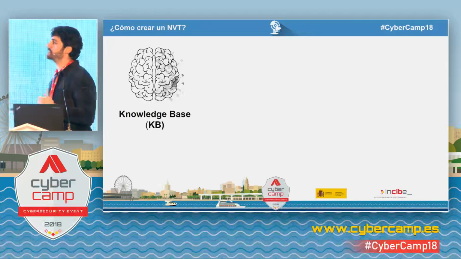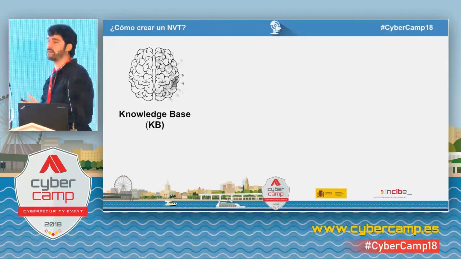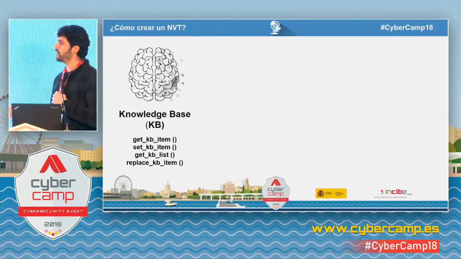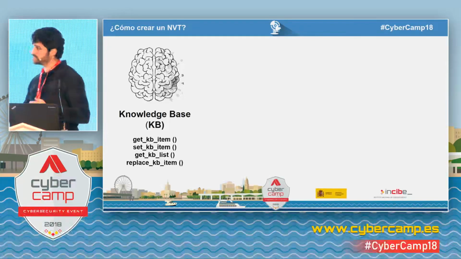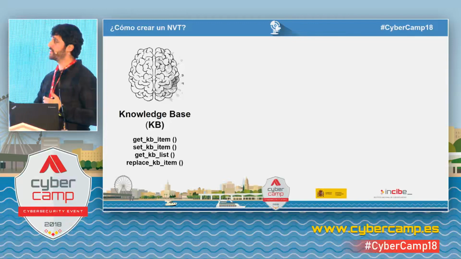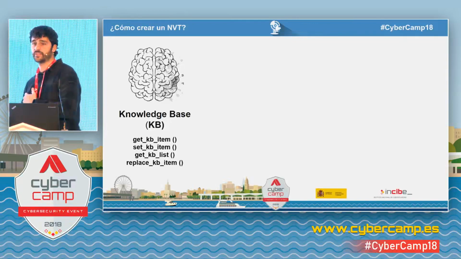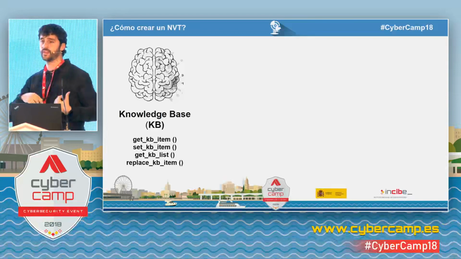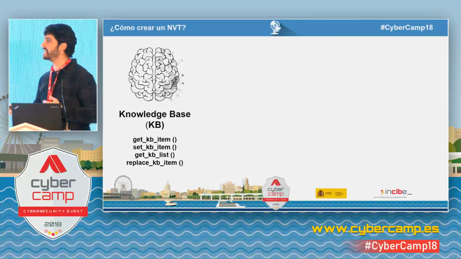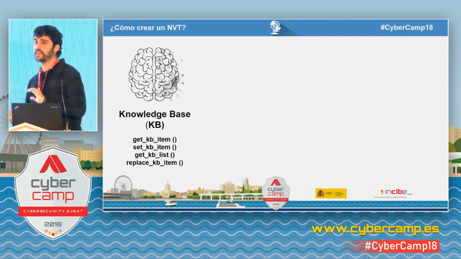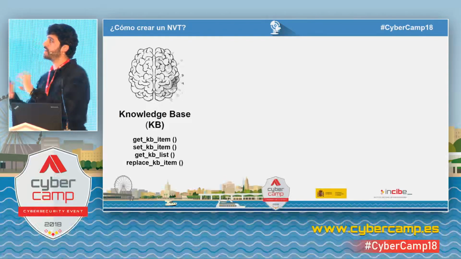So you need to have some fundamentals to create an NVT. So we have, first of all, a knowledge base with which we can interact through a number of functions. Then I will tell you where all the documents are available for you to check all the possible functions.